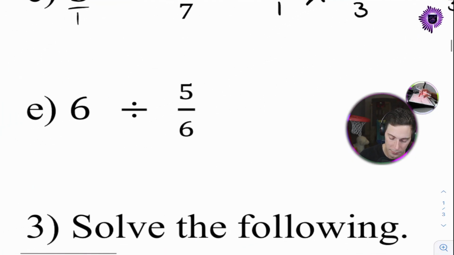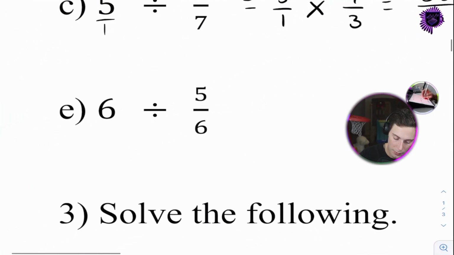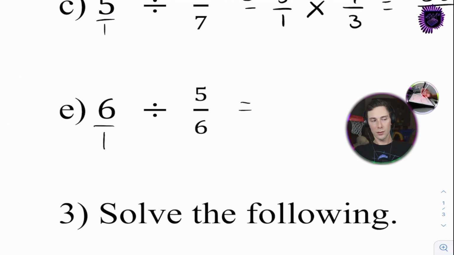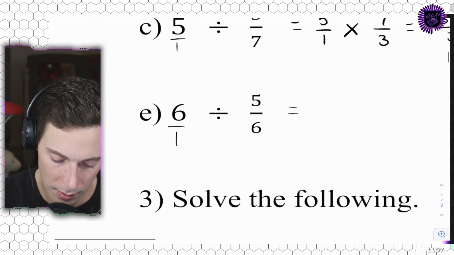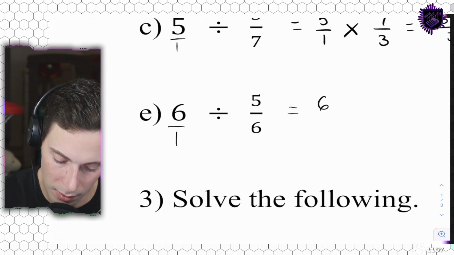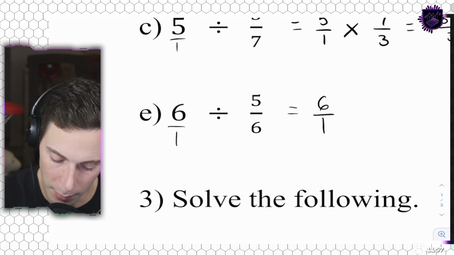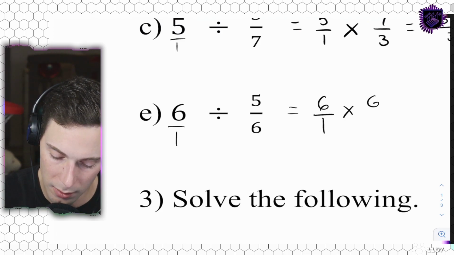2e. We will write this over 1, and we will rewrite our equation. We'll rewrite it to 6 over 1 multiplied by 6 over 5.